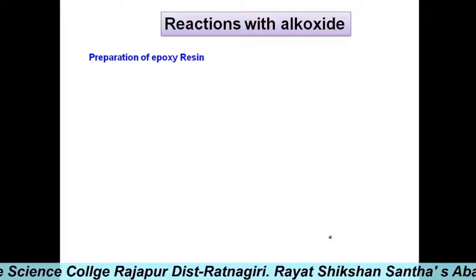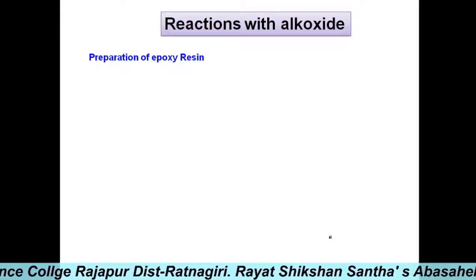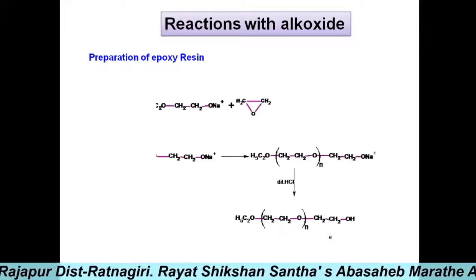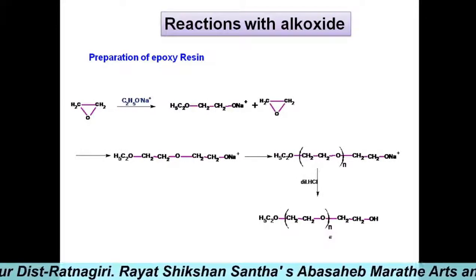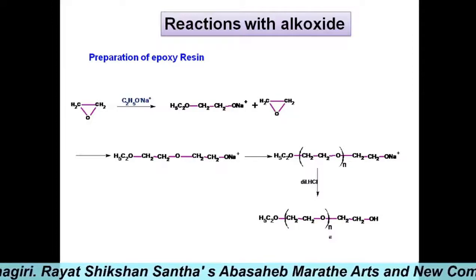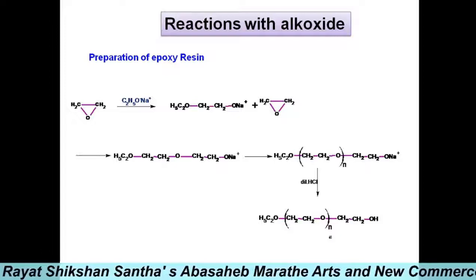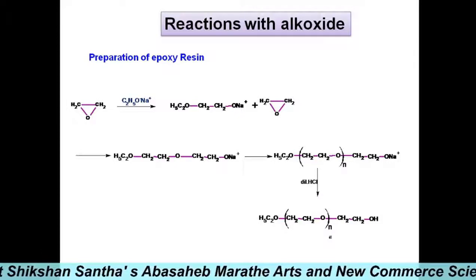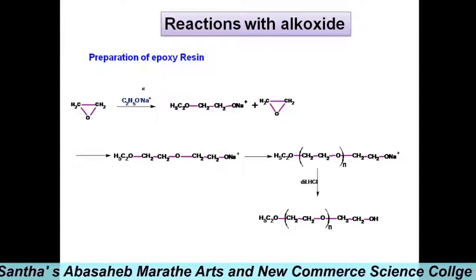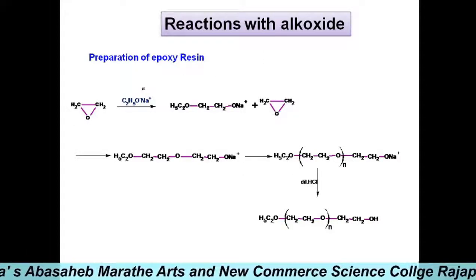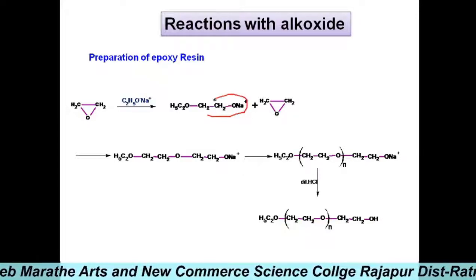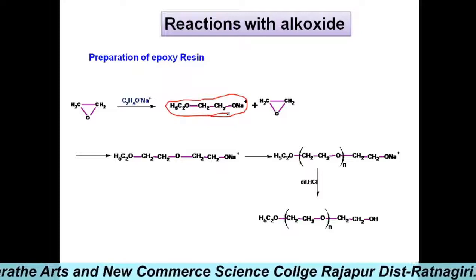Next, the reactions of alkoxides. These reactions are used for the preparation of resins. When epoxides are treated with an alkoxide like sodium ethoxide, an oxyanion is formed.